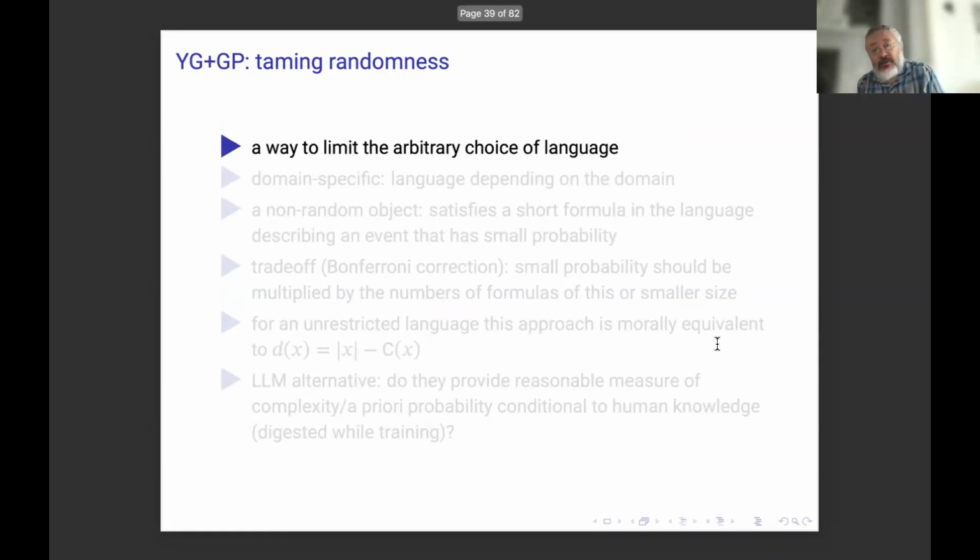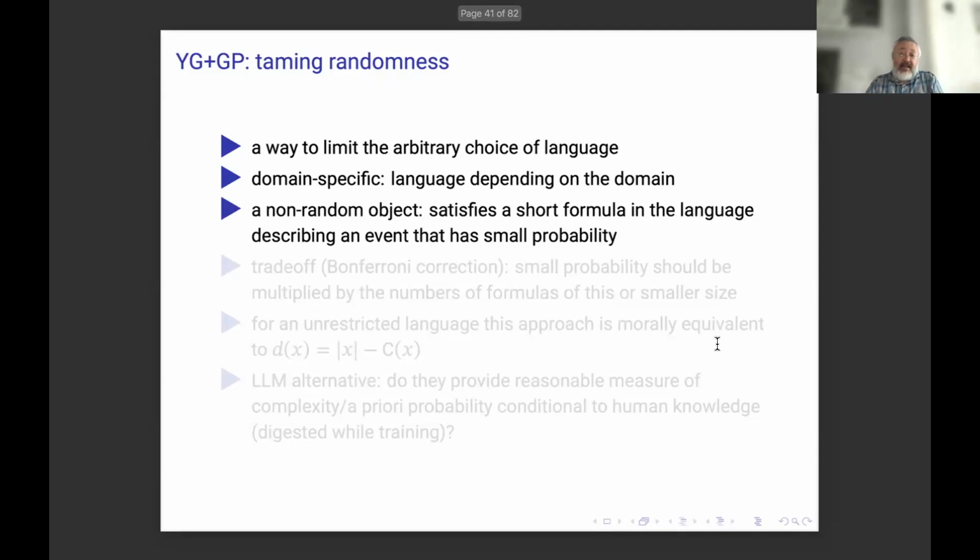So we need to make this choice specific to our domain and agreed in advance. And in this case, a non-random object is something that satisfies a short formula in this language. And this formula is not only short, but also describes an event that has very small probability.